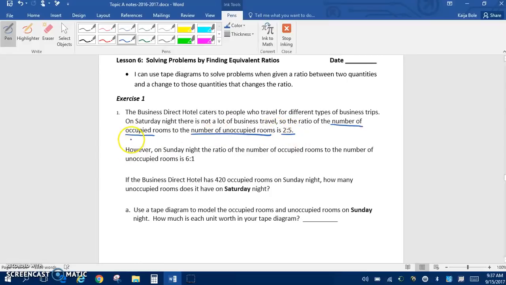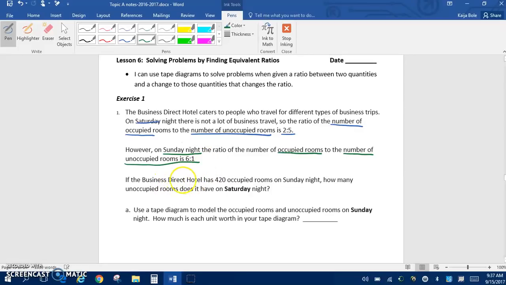So we're comparing occupied to unoccupied, and this is on Saturday night. However, on Sunday night, the ratio of the number of occupied rooms to the number of unoccupied rooms is 6 to 1. So this is for Sunday night.